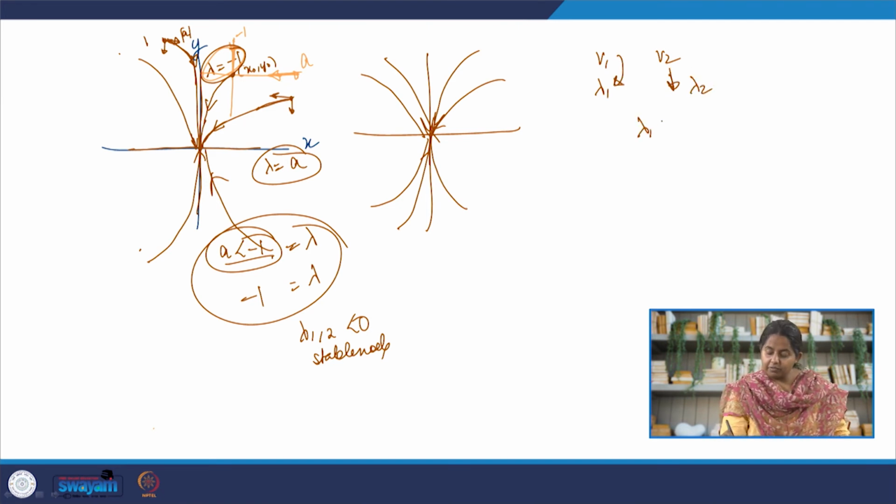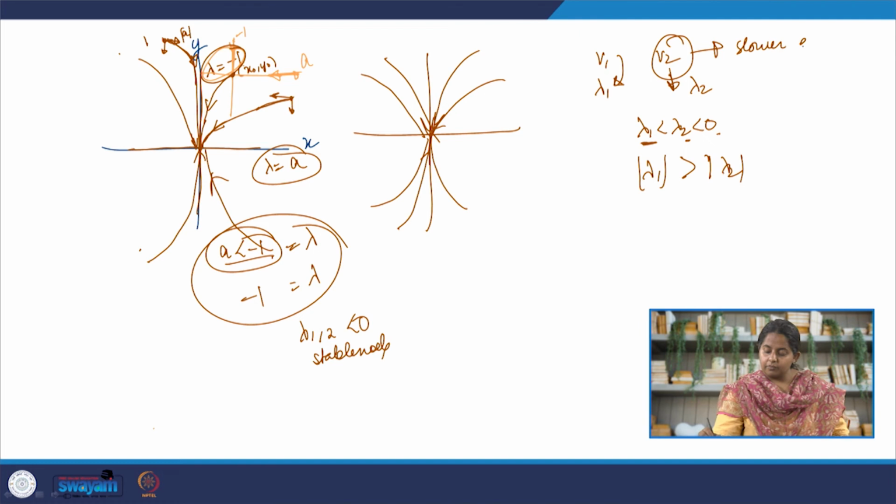So, let us say lambda 1 is less than lambda 2 is less than 0, alright. Now, lambda 1 is less than lambda 2 less than 0, which means the magnitude of lambda 1 is going to be bigger than the magnitude of lambda 2. So, v2 is going to be the slower eigenvector, and the trajectories will become tangential to v2.